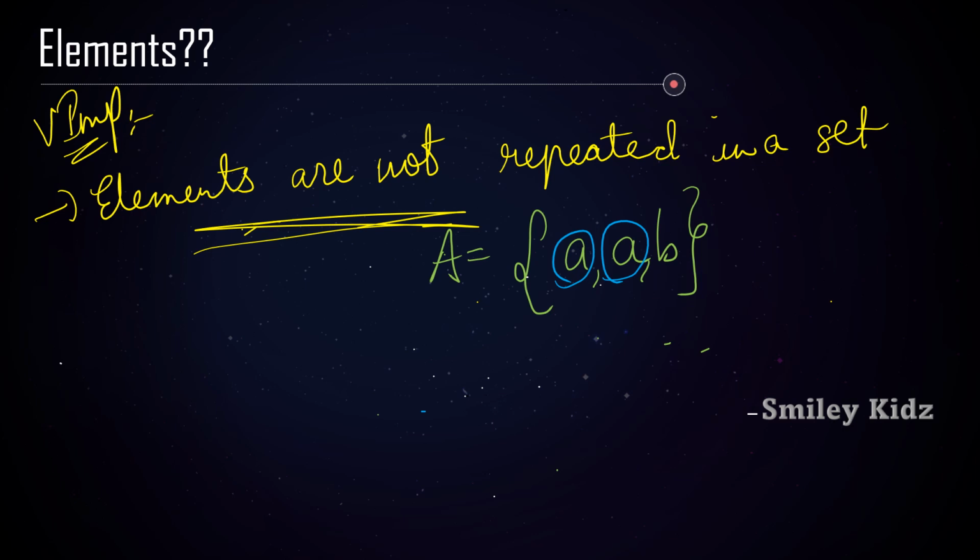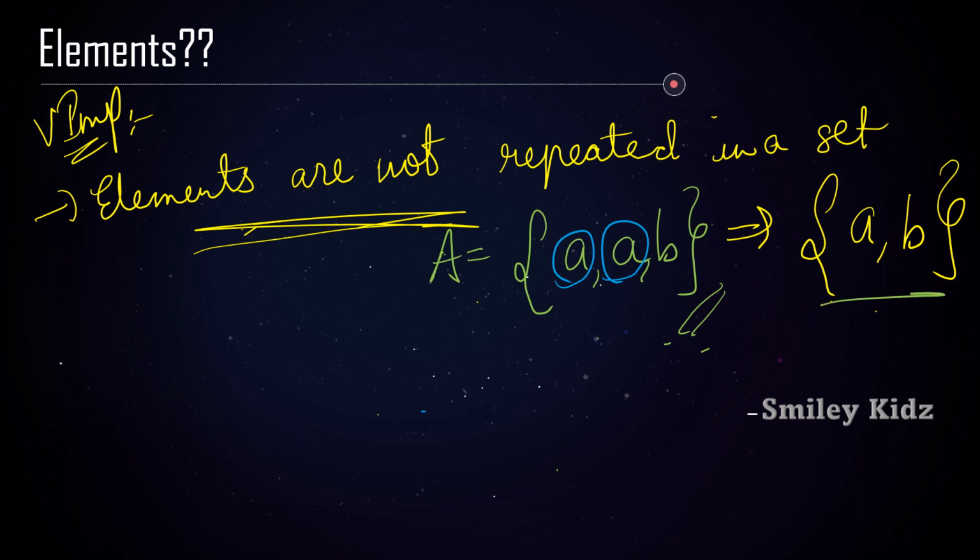Now even if it is written like this, it does not mean it is not a set, alright? It means that it is AB only. Even if by mistake it is written in this manner AAB, it means that it is AB only. It means that it has two elements only. But make sure that elements are not repeated in the set.